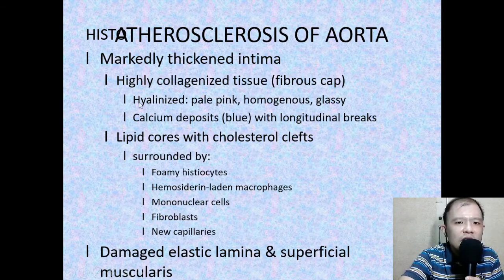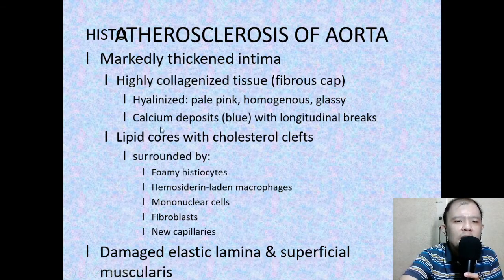So you see a highly collagenized tissue. Okay, these are the parts of an atheroma. You see a fibrous cap and you see a lipid core. Okay, the fibrous cap is composed of a highly collagenized tissue with calcium deposits. We also see fibrin. We also see smooth muscle cells.